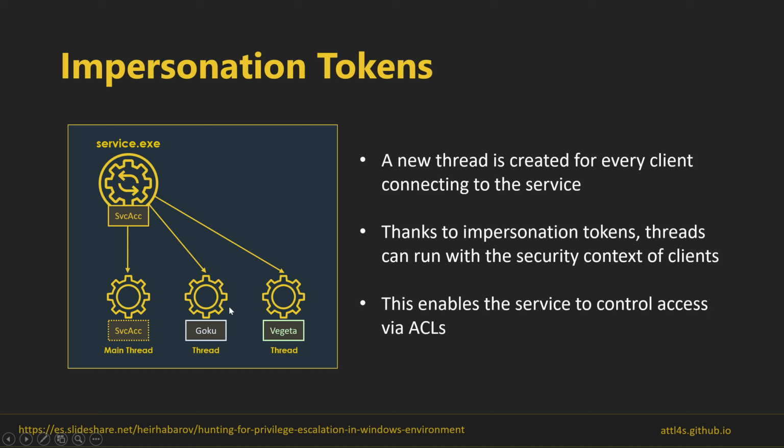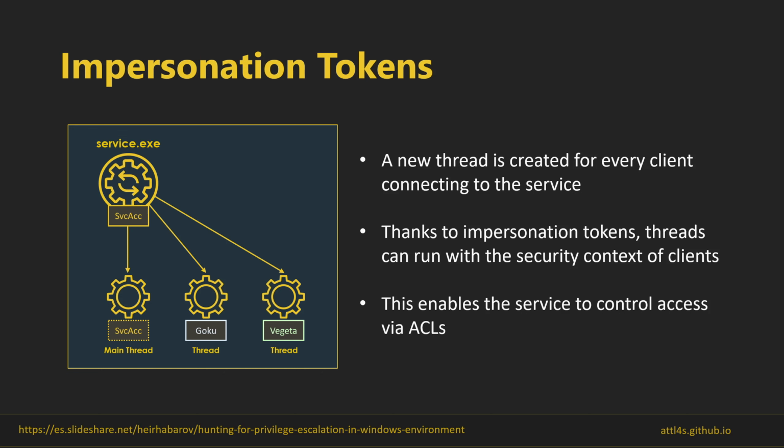Thanks to impersonation tokens, the thread created, after confirming that credentials are valid from the client, can run with the security context of the client, and then the service can configure access controls like any other object in Windows.